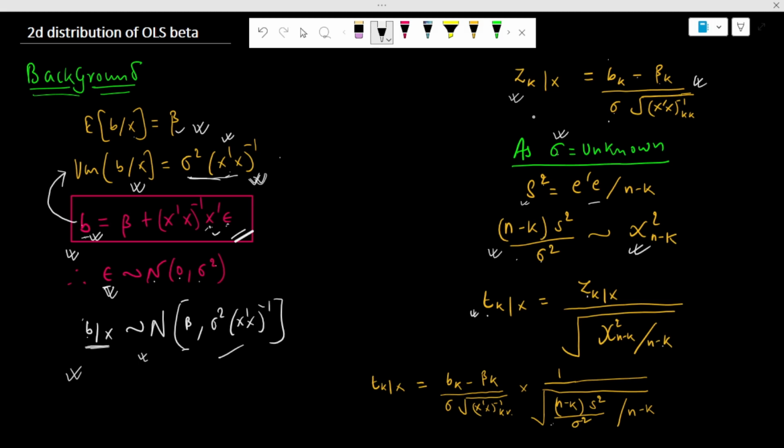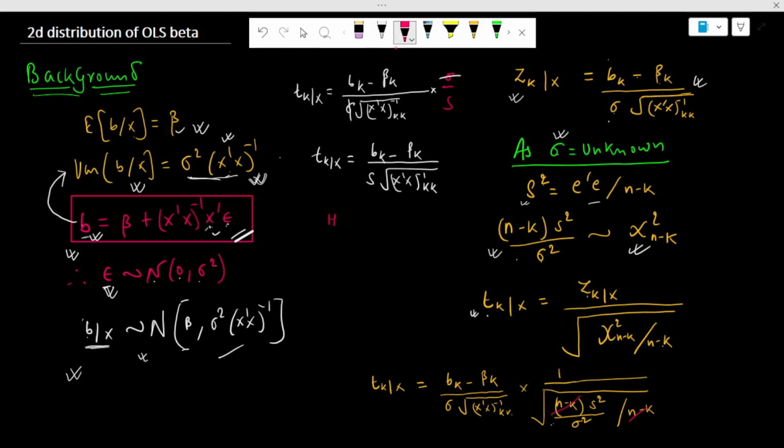If we operate on it, n minus k cancels out, so we have the root of s square by sigma square, which is simply s by sigma, and this is equal to sigma divided by s. Again, the sigma here and the sigma there cancel out. So finally we are left with this.